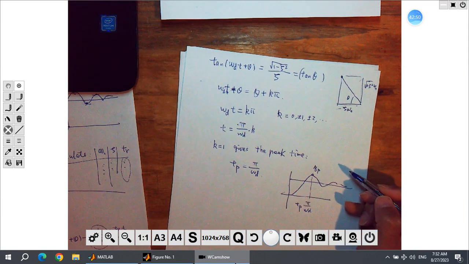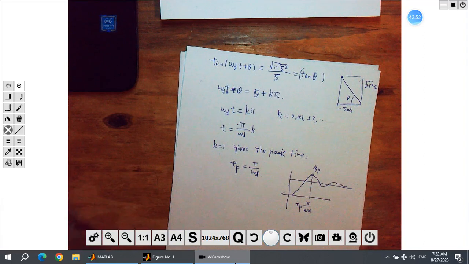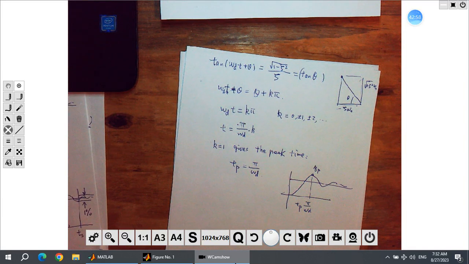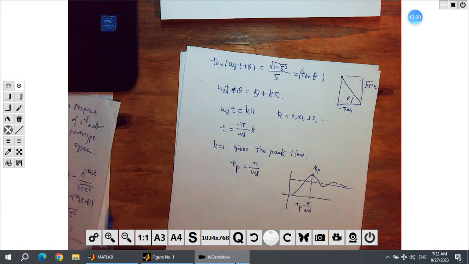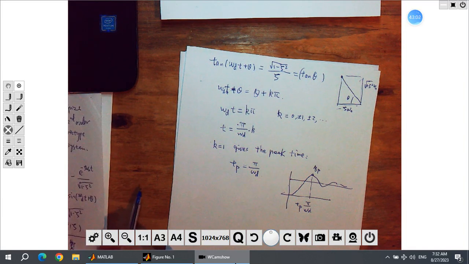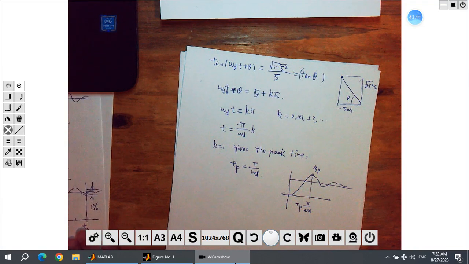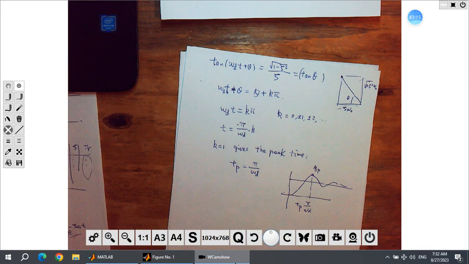This peak value Yp, we need to do some calculation. Do we have time? 42. I think I have that peak value somewhere. Sorry, before I come to here, I have the peak value. Sorry, it disappeared. Put the peak value somewhere.